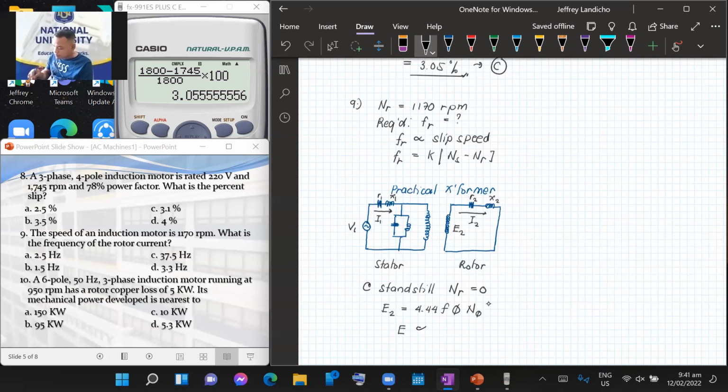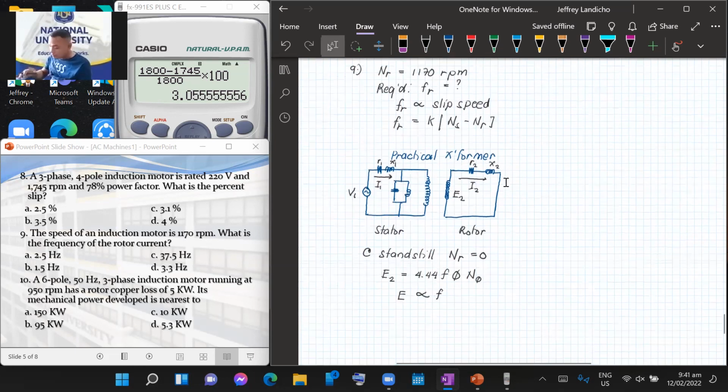No? So the voltage, it is just directly proportional to frequency. At alam naman natin, your reactance, it is also proportional kanina frequency. Tama ba? So your reactance, it is also proportional to frequency.